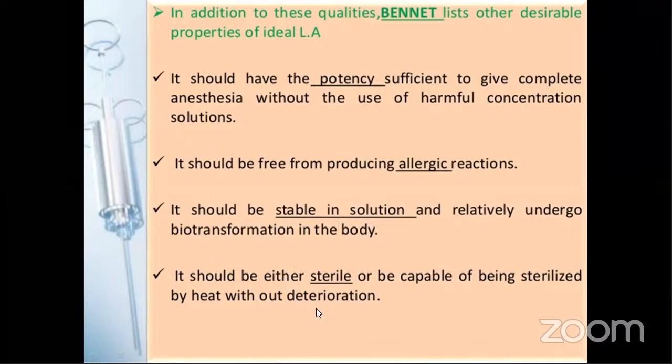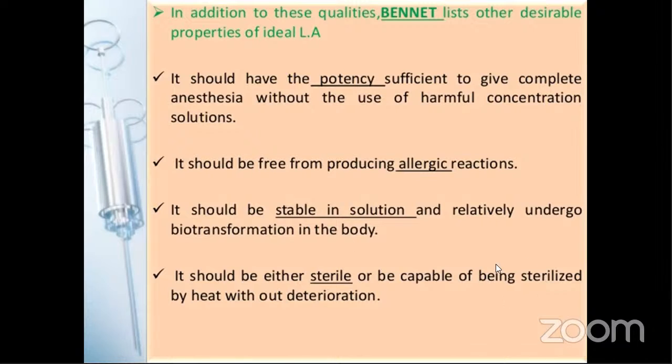Next, it should be either sterile or capable of being sterilized by heat without any deterioration. Whatever anesthetic drugs are available, they should be sterilized because you are injecting directly on the mucous membrane. Otherwise, it will cause side effects or allergic reactions. So it should be sterile.